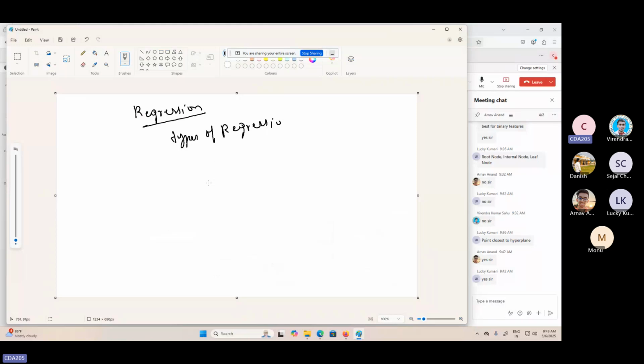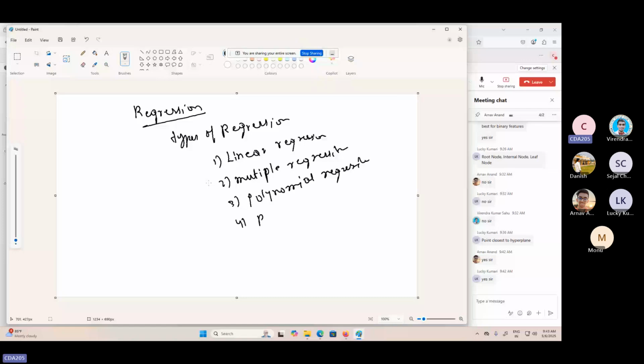The first type is linear regression. The second type is multiple regression. The third type is polynomial regression. The fourth type is ridge and lasso regression.